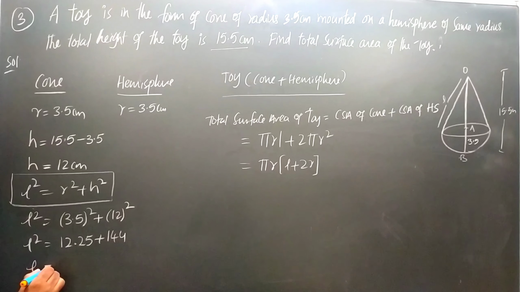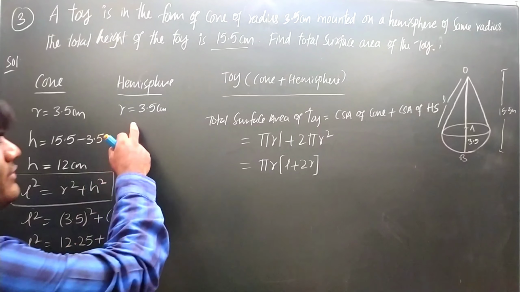So L square is equals to 144 plus 12.25, that is 156.25. So square we are transposing to right side. This is square root of 156.25. This one also easily we can guess. L is equals to square root of 25 is 5, point. Square root of 156, nearest perfect is 12. 12 square is 144. That is 12.5 centimeters. So the L value is 12.5.